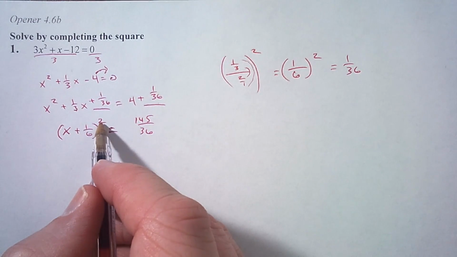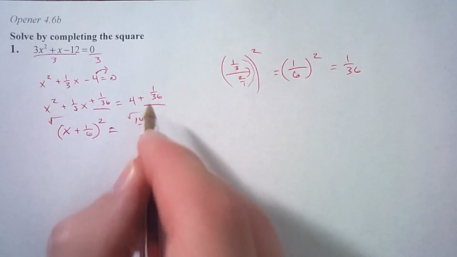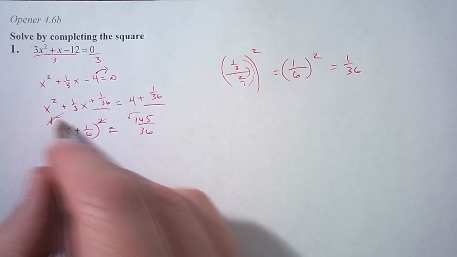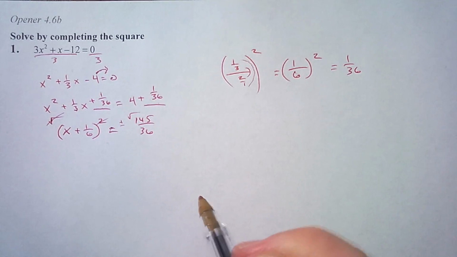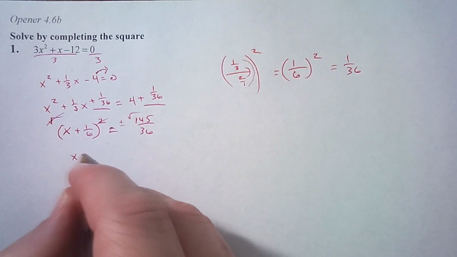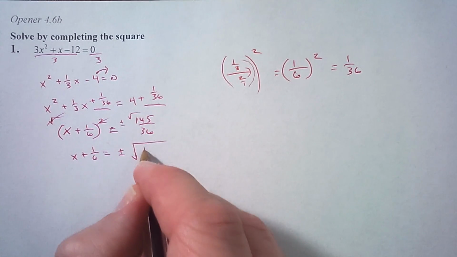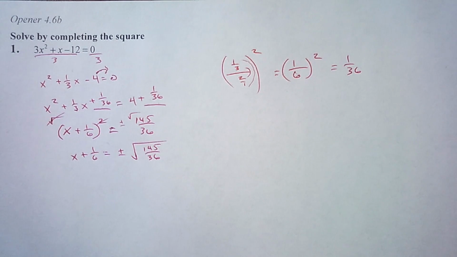So now we want to get rid of this squared. So we square root both sides, and when we square root, squared and square root cancel, and on the right side we're going to have a plus or minus. So we have x plus 1/6 equals plus or minus the square root of 145 over 36.